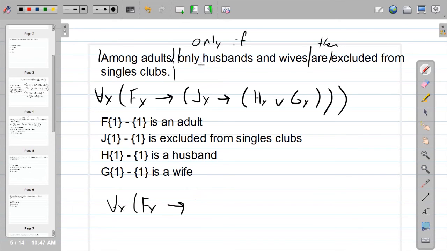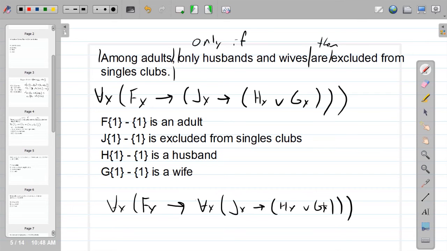So how would you symbolize it? Here are the options. We can say for all x again, if Jx, then Hx or Gx. But we've done something odd here. Remember our scope and binding rules?